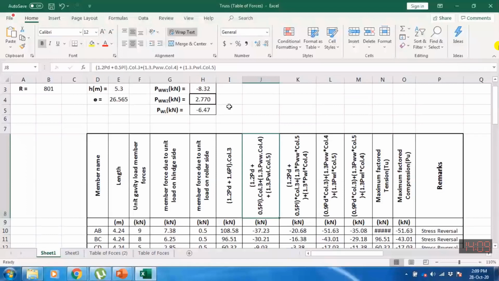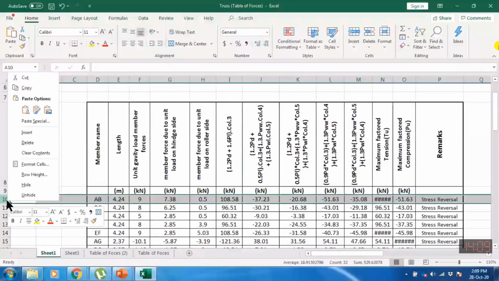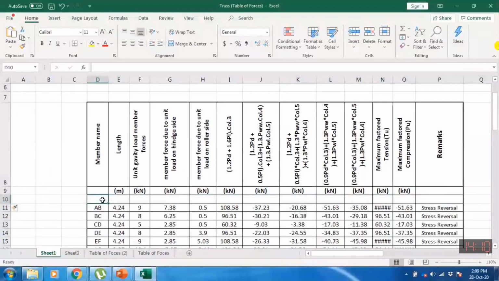So actually he is supposed to write here the column number. So it is better to add a row over here, maybe just to give the numbering to the columns 1, 2, maybe 3, so that you will have the idea which is column number 1, column number 2, 3 and 4.